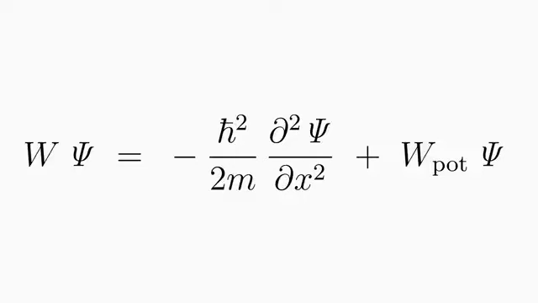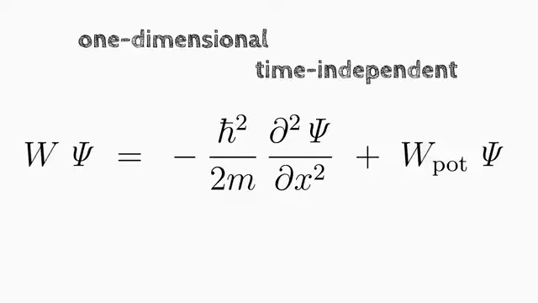This Schrodinger equation is one-dimensional and time-independent. You can recognize the one-dimensionality immediately by the fact that only the derivative with respect to a single space coordinate occurs, in this case with respect to x. And you can recognize the time independence of the Schrodinger equation by the fact that a constant total energy occurs. The wave function, however, may be time dependent.